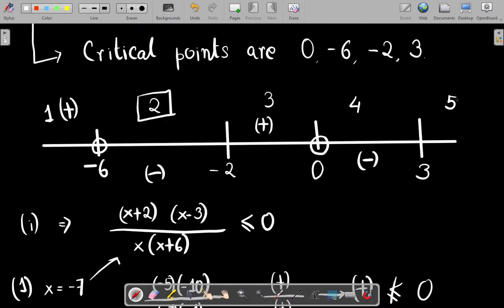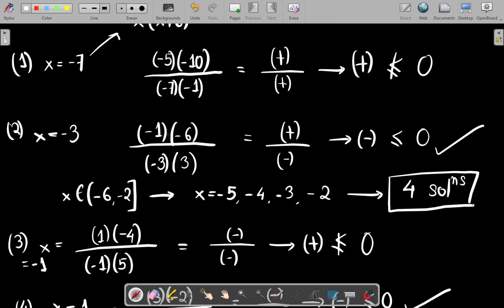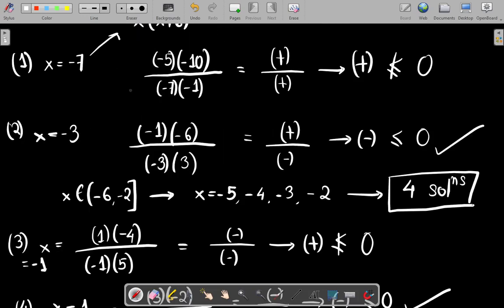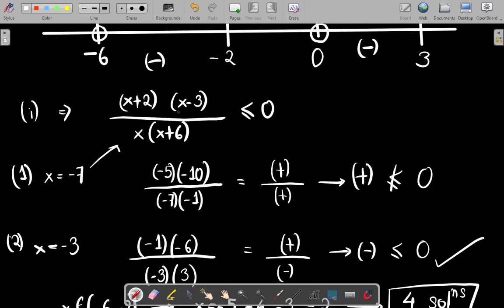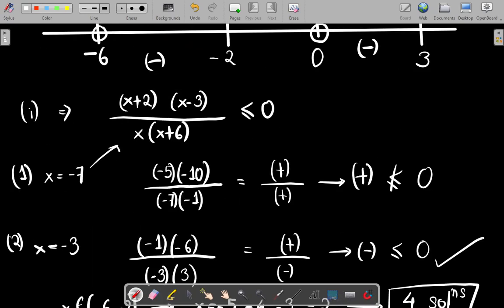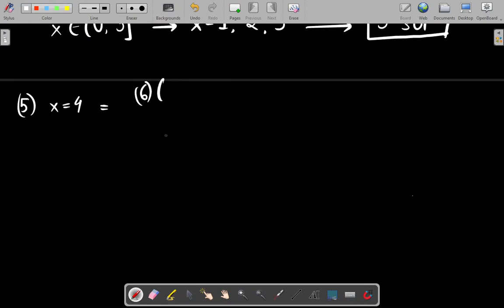Now I need to check this last section, 3 to infinity, to the right of 3. This is the last section. If I take x equal to 4 in this inequality, x plus 2, let's see what I get. x equal to 4, so 4 plus 2 will be 6, and 4 minus 3 will be 1, and 4 plus 6 will be 10.